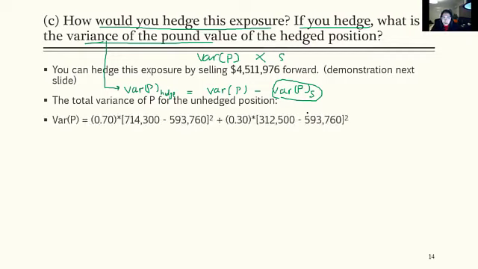So to compute the total variance of the asset P, I'm just going to use the variance formula that we saw before. This is a probability-weighted sum of squares.